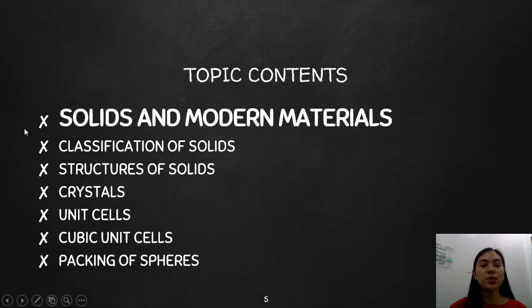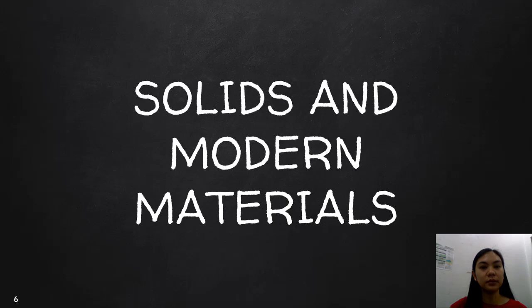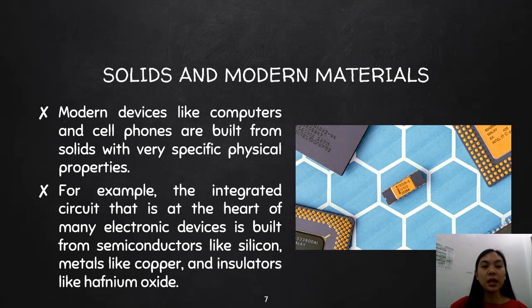We start with solids and modern materials as an introduction to the basic concepts. It says here, modern devices like your computers and cell phones are built from solids with very specific physical properties.